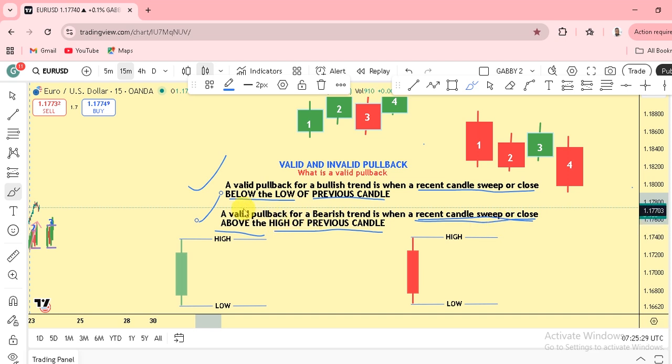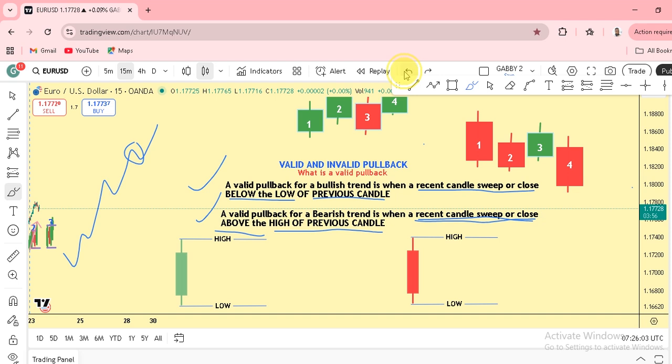Remember, a bullish trend is characterized by a higher high, higher low, higher high, higher low, higher high, higher low, and so on. So this pause or little reversal in the trend is what we refer to as a pullback in a bullish trend.